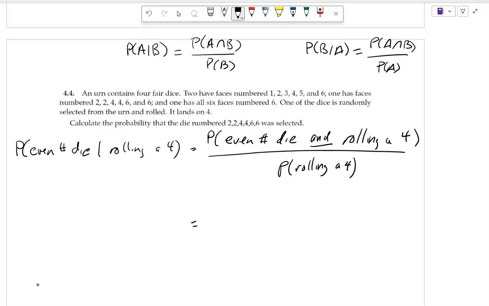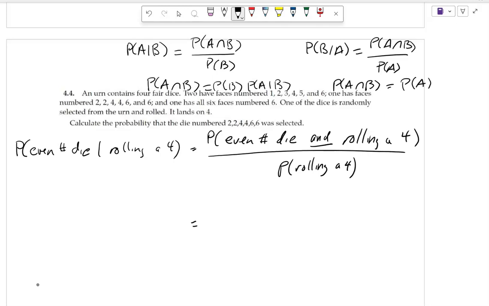So if you multiply both sides by the denominators to clear your denominators, the first one says the probability of A intersect B is probability of B, probability of A given B. The other one is the other way around, but it's still your probability of the intersection.